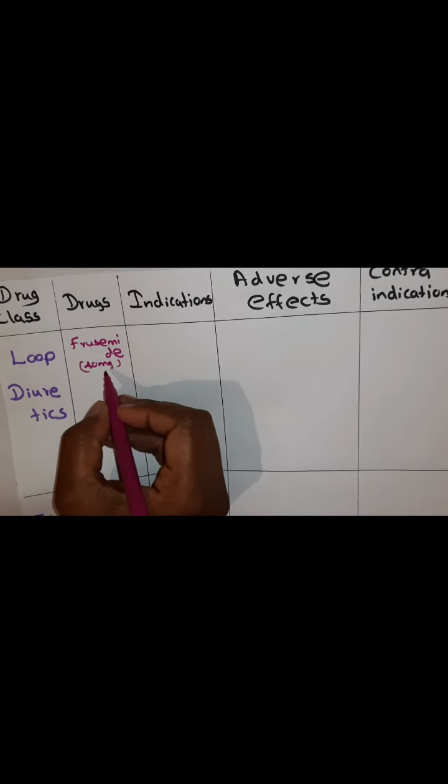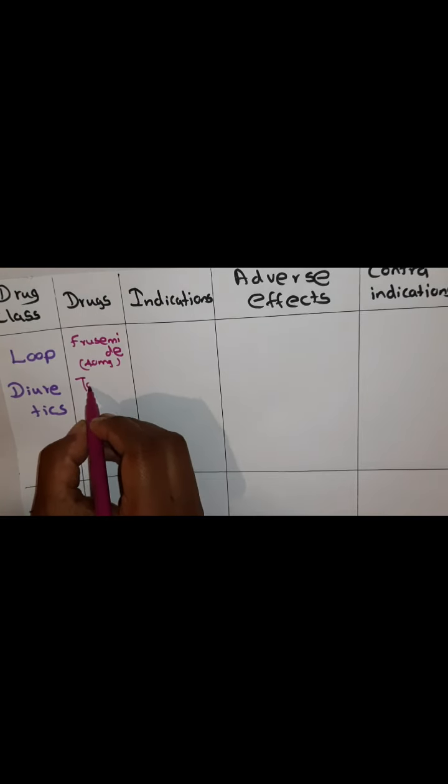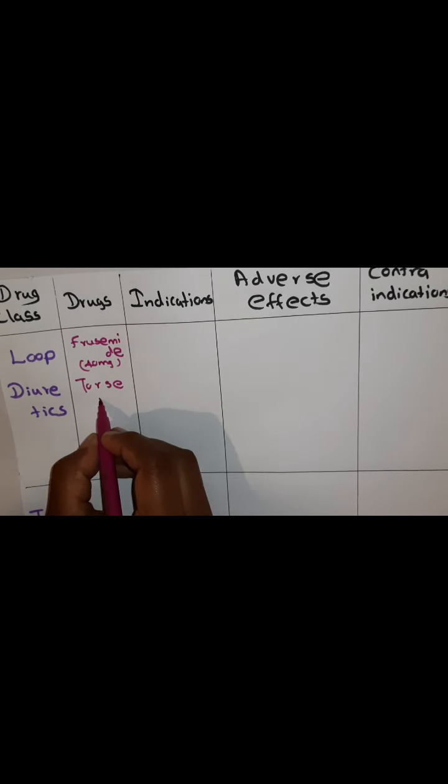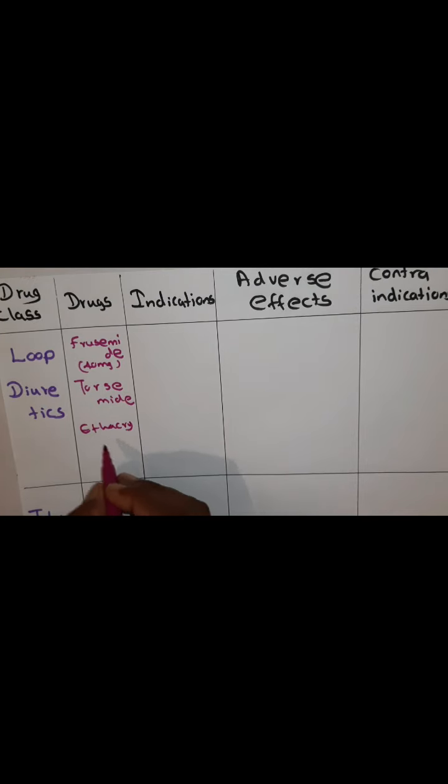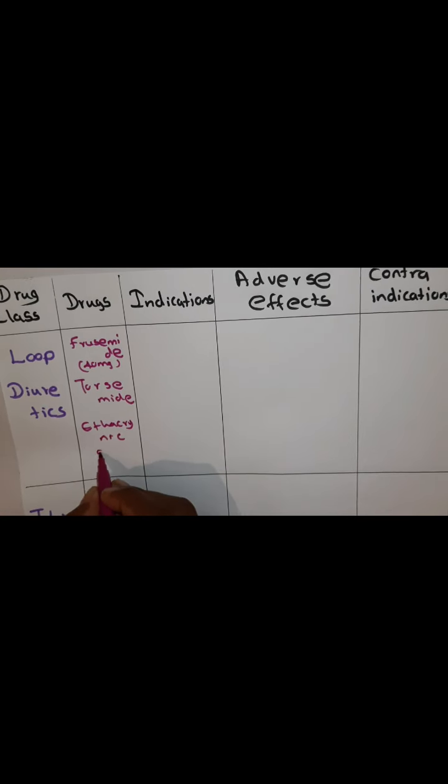The most famous loop diuretic is furosemide, where around 40 milligrams is the usual strength of the drug. And secondly, bumetanide. Thirdly, ethacrynic acid.